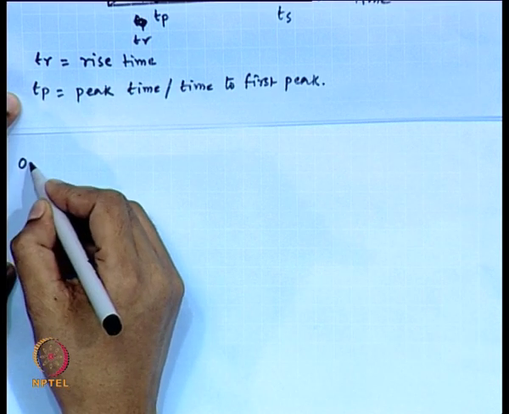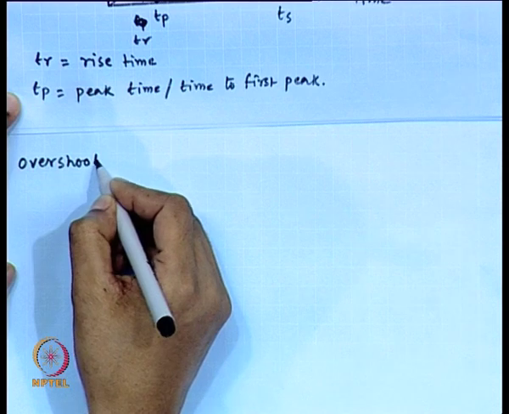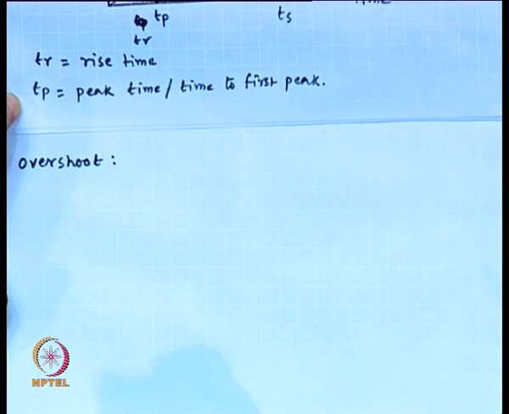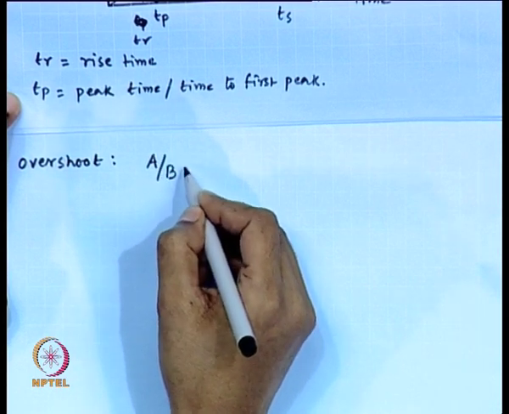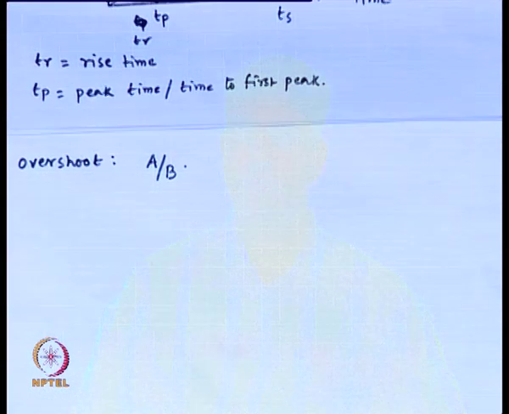Another term is overshoot. It is defined by the ratio of A and B. Overshoot is A divided by B. Fine.